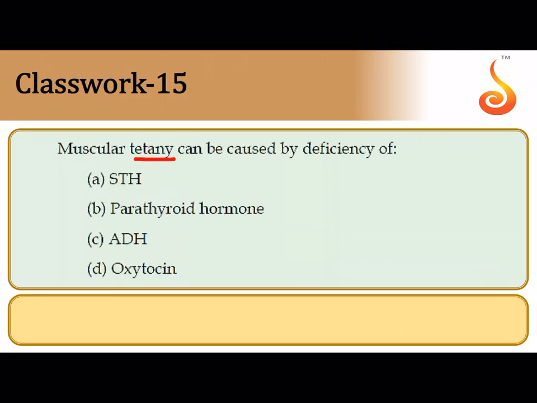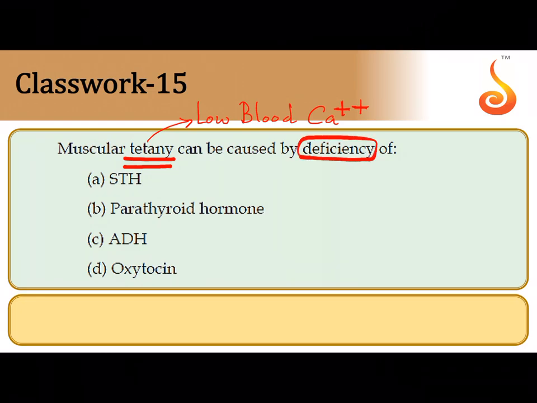Muscular tetany. Now, tetany is a condition where there is involuntary rapid contraction and relaxation of muscles. One important thing you have to remember: tetany is because of low blood calcium level. When I say that, you have to think of the hormone responsible for increasing the blood calcium level, and that hormone is deficient in this case. So the answer is parathyroid hormone.